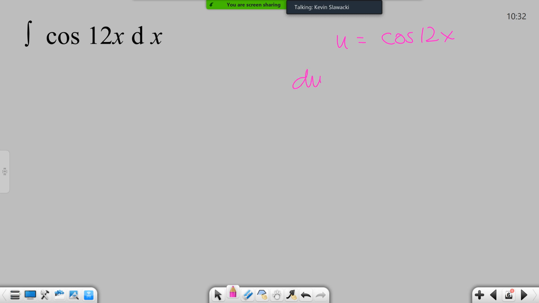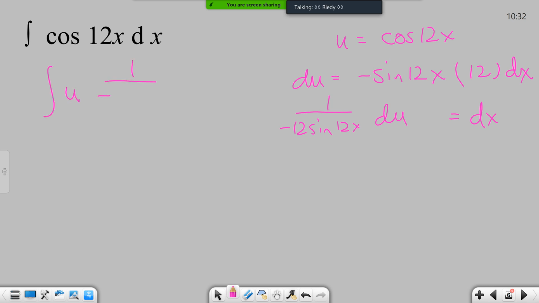So du is equal to the negative sine of 12x times 12 dx. So this becomes the integral of u times 1 over negative 12 sine 12x du.